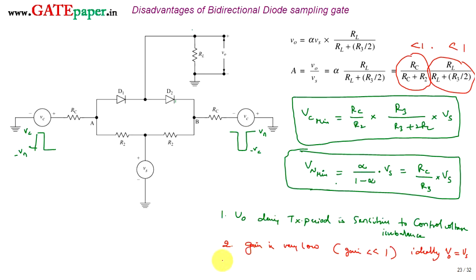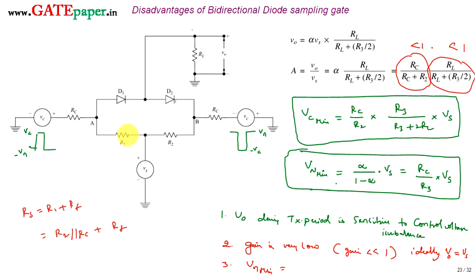And the third case, if you see, is Vn minimum. Vn minimum value is RC divided by R3, where R3 is equal to R1 plus Rf, and R1 is equal to R2 parallel with RC, plus Rf.